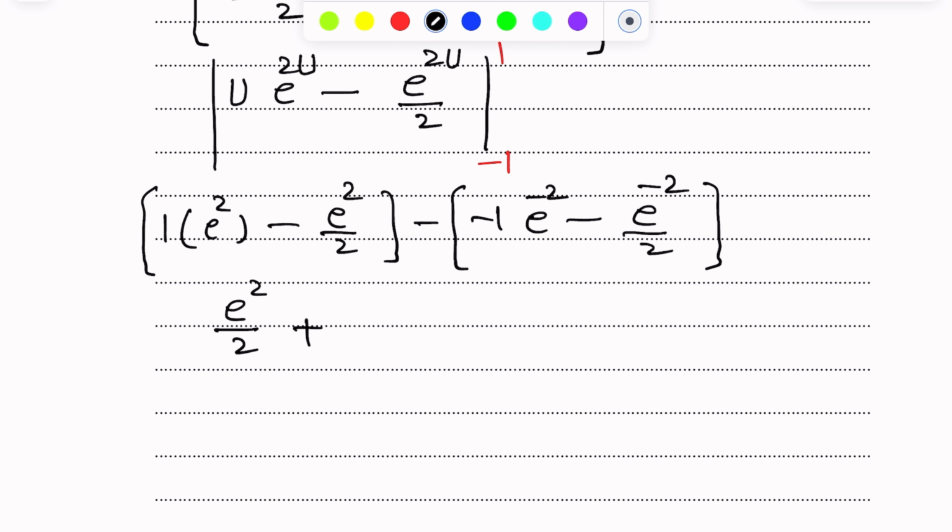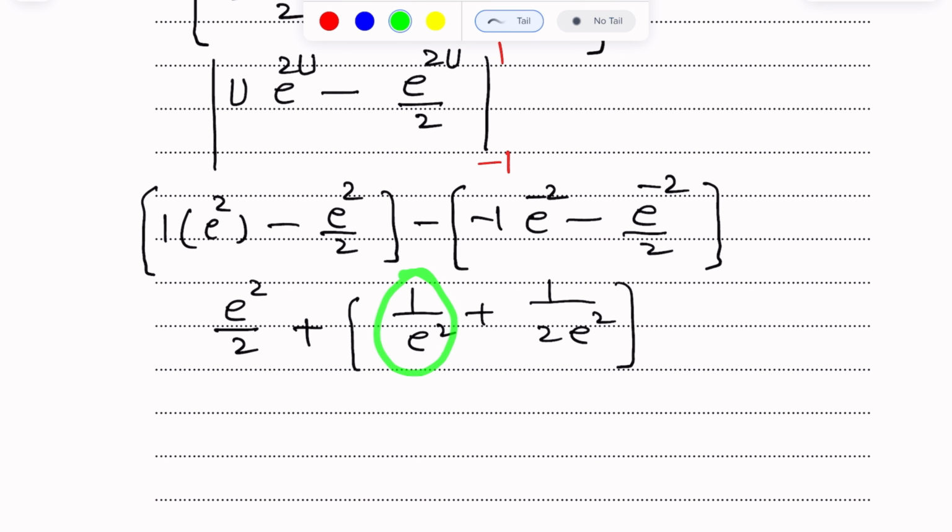This sign becomes positive: 1 over e square plus 1 over 2 e square.